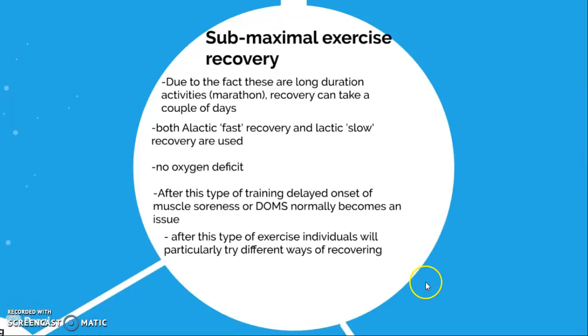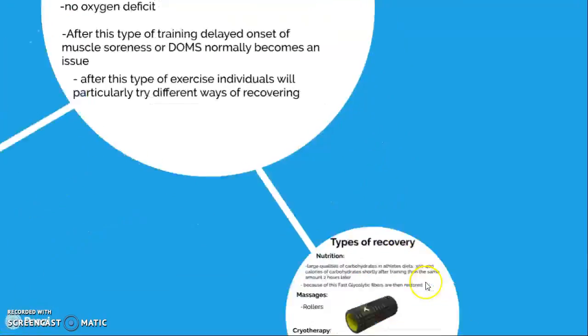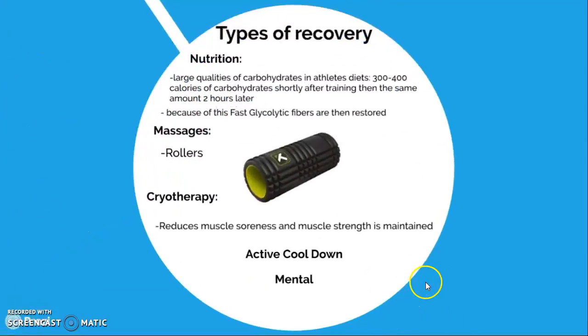In submaximal exercise recovery, there isn't an oxygen debt, so it's the fast alactic recovery, although the slow lactic recovery too, they both will be important. Obviously the DOMS will be a massive part. If you've just run a marathon, you're obviously going to suffer from delayed onset. You're going to ache for days after, and individuals may choose different ways to recover. Some of the ways they may choose to recover is nutrients.